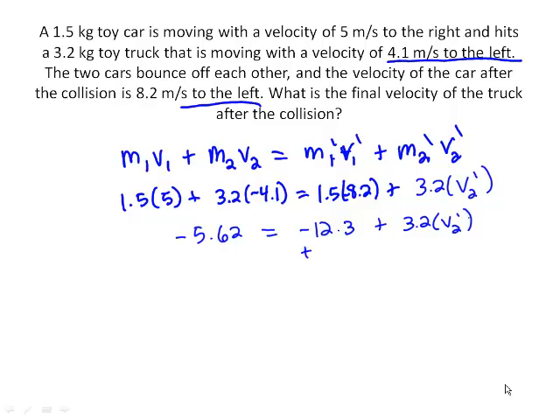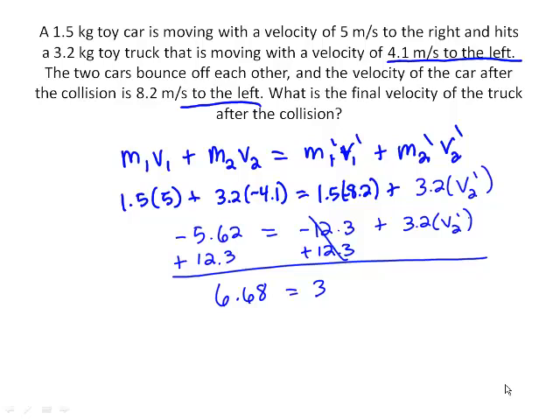So then we're going to add 12.3 to both sides. These are going to cancel out, and we are going to get 6.68 is equal to 3.2 multiplied by our velocity.